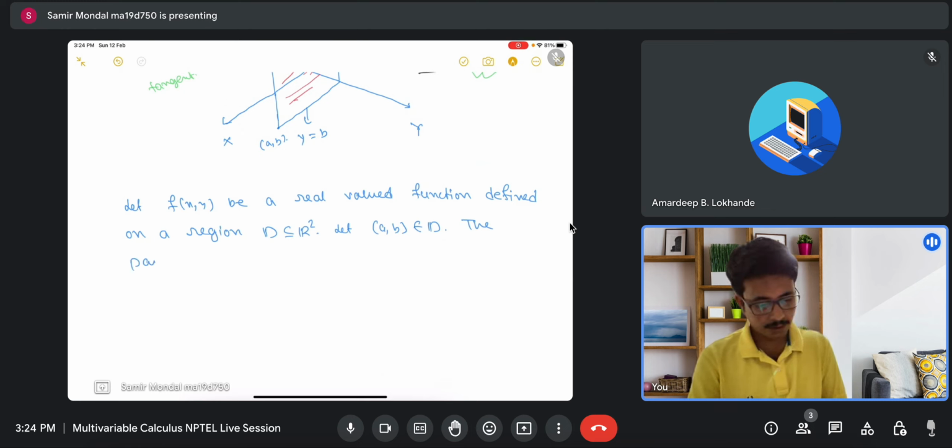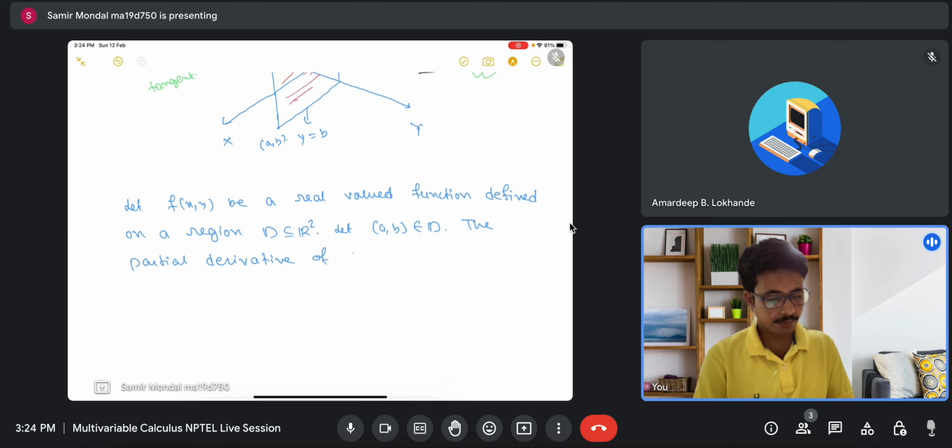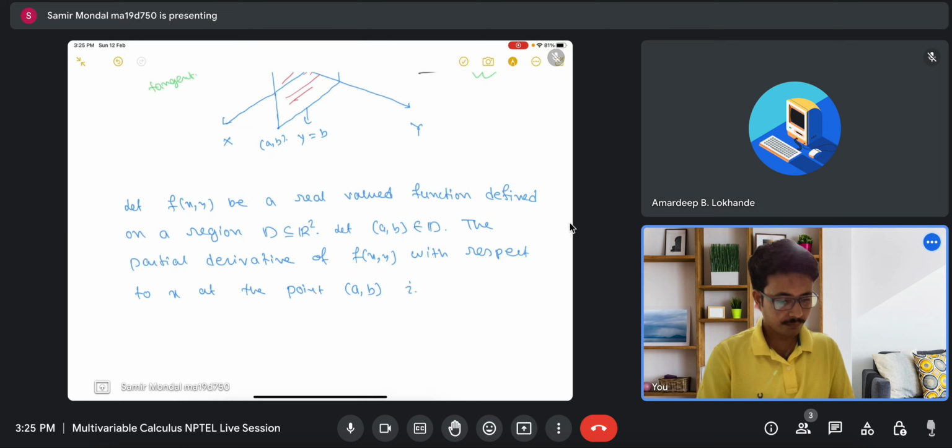The partial derivative of f of x, y with respect to x at the point (a, b) is f_x(a, b), equal to del f by del x at the point (a, b).